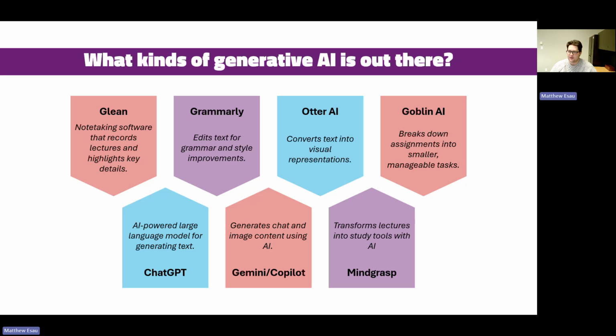An example of this is when I was going through this list before doing the presentation to get ready, I noticed some of them are being sued in court for things like sharing private information or recording when it was not supposed to. Otter AI specifically, which is a program that converts text into visuals, is being sued right now for recording private meeting information when it wasn't supposed to, things like that.